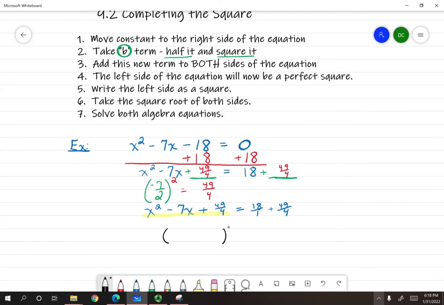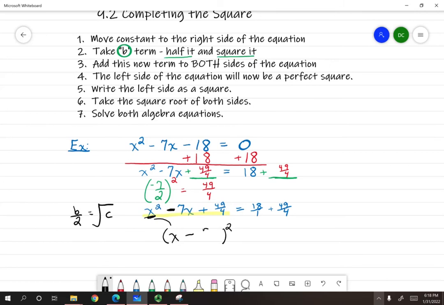I'm going to write it as this. First of all, it's x, the square root of this. It's the same sign. This is minus, so I'm going to make it minus. And it is going to be either half of the middle term or the square root of the last term. And guess what? Those are always going to be equal if it's going to be a perfect square.